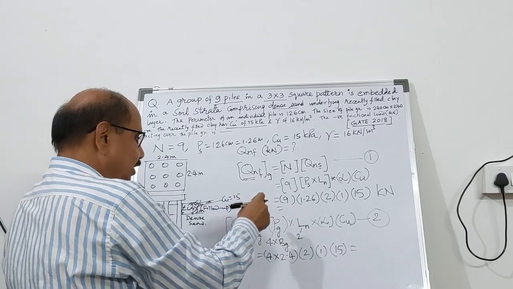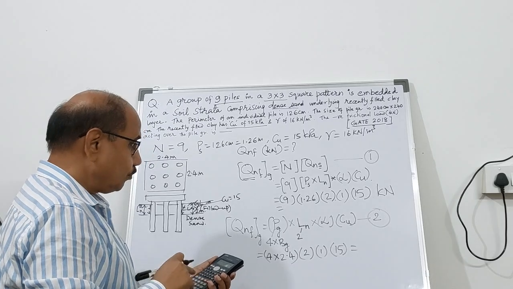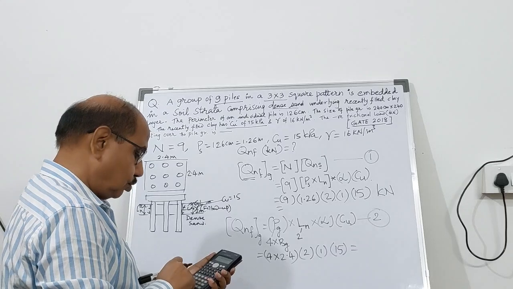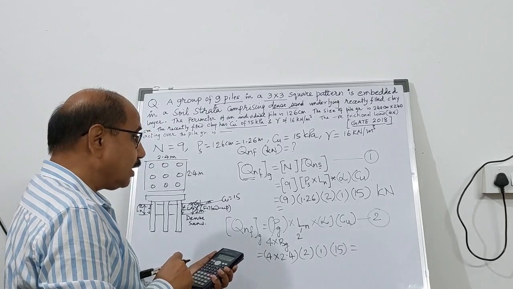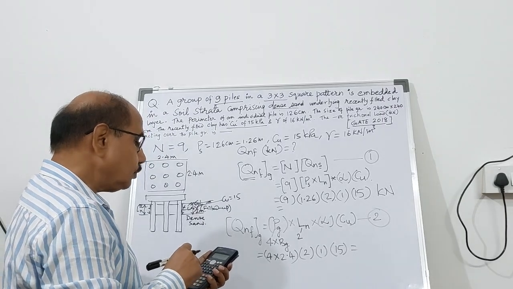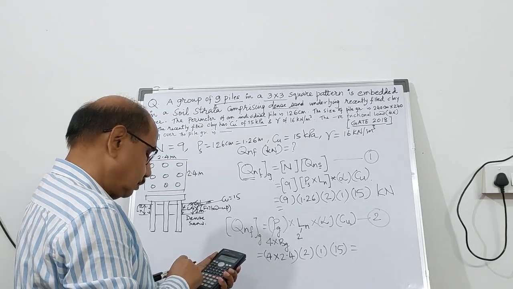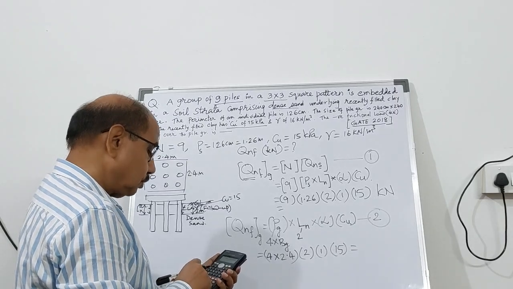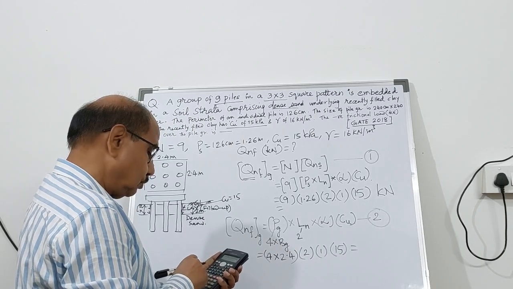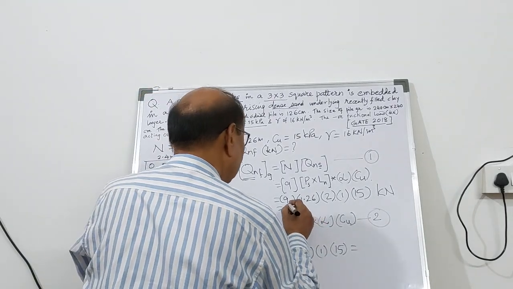Based on individual shear, it is 9 multiplied by 1.26 into 2 multiplied by 15, which is 340.2 kilonewton.